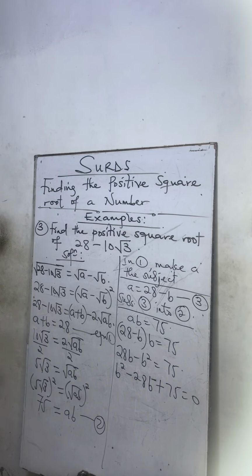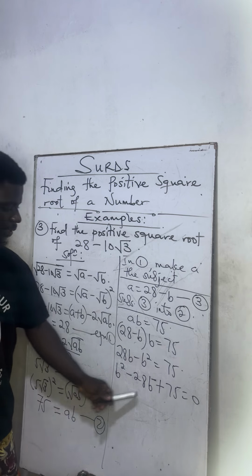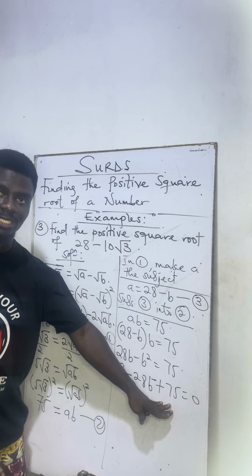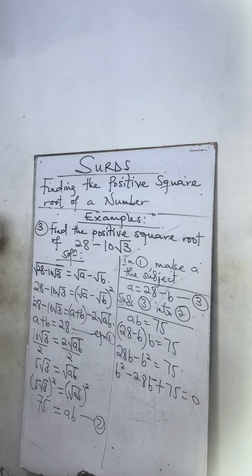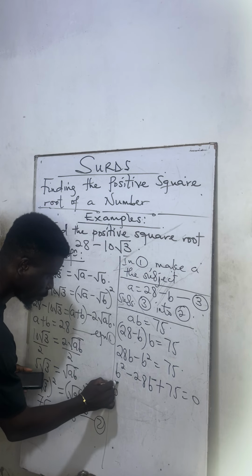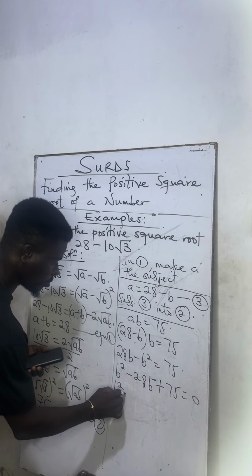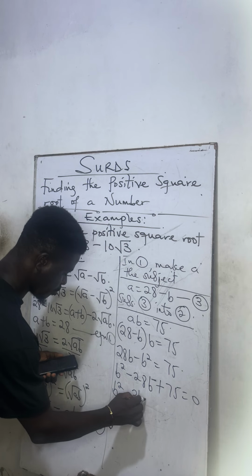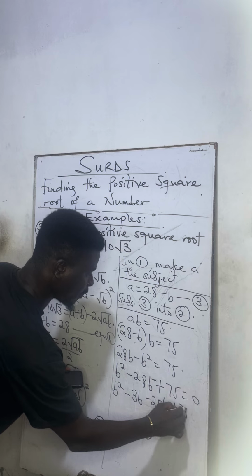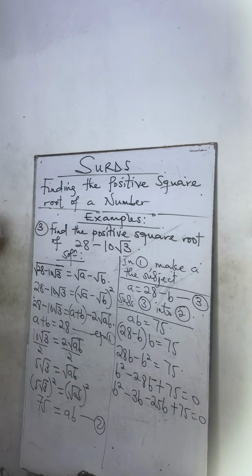Now we solve it quadratically. So that's a quadratic equation. Here we'll get B squared minus 3B minus 25B plus 75 equals 0.